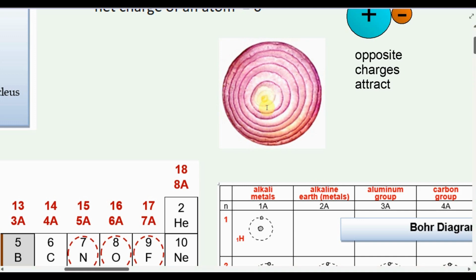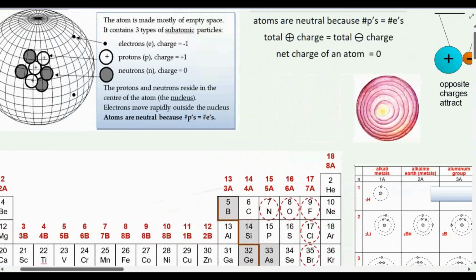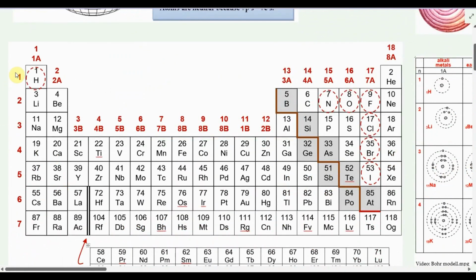As we move farther out from the nucleus, the shells are larger and can hold a larger number of electrons. These 7 shells correspond to the 7 horizontal rows, or 7 periods or energy levels on the periodic table. So here's the first shell, the second shell, the third shell, and so on.